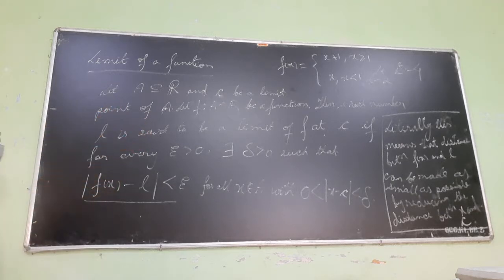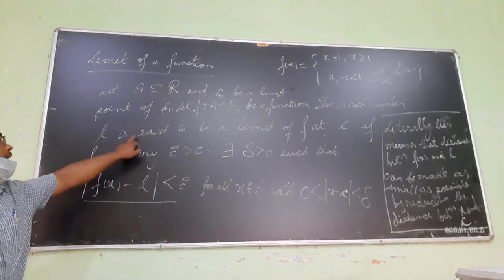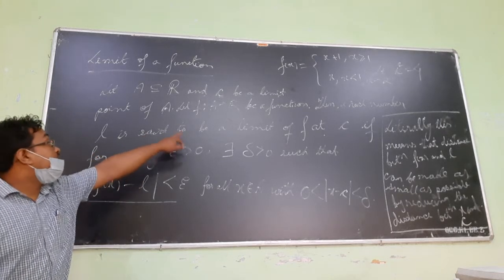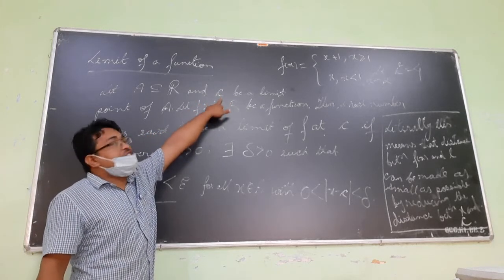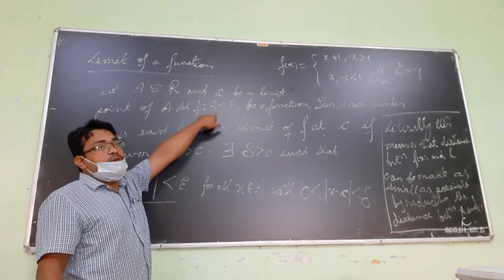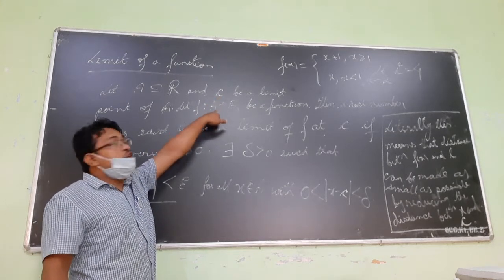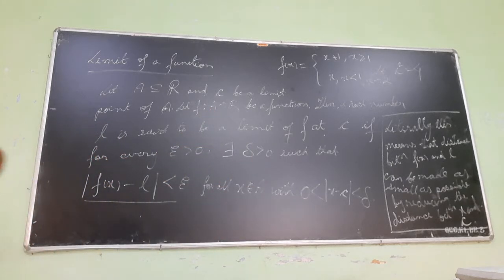The real number L is said to be the limit. For the existence of a limit, this point c need not be inside the domain. The point c may not be inside the domain, which means the function may not be defined at that particular point.